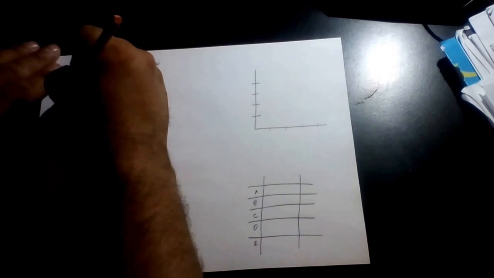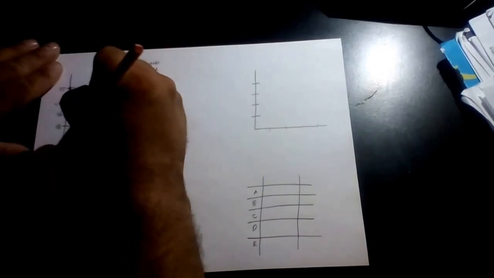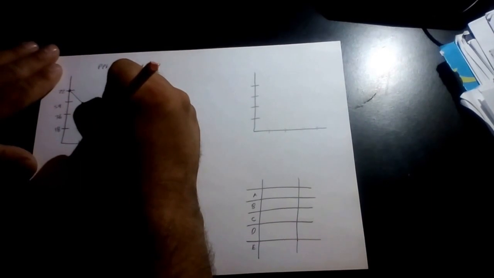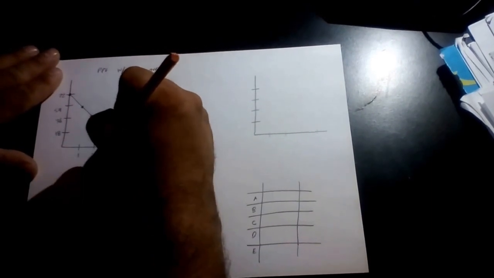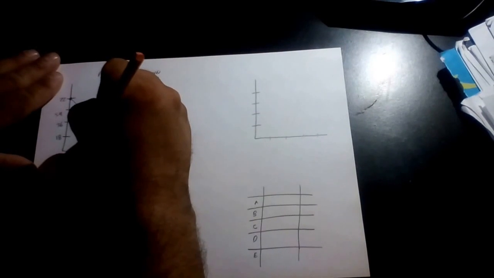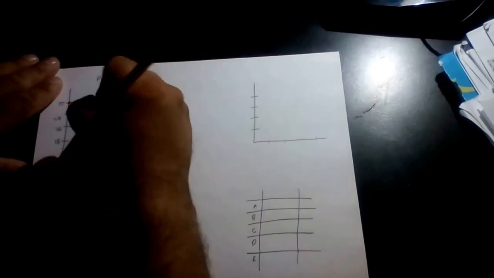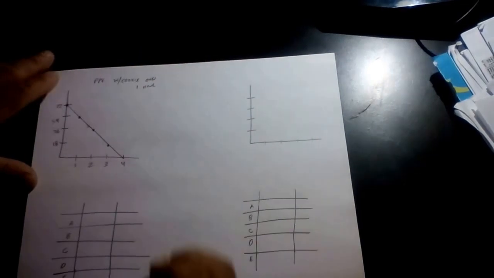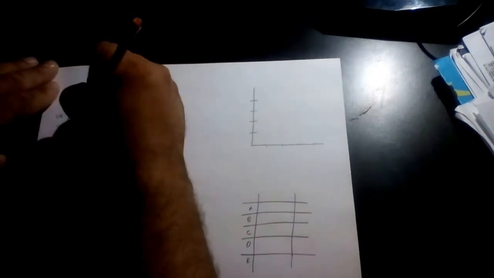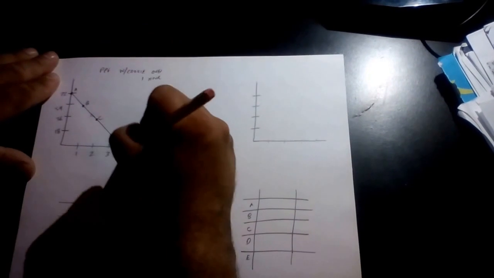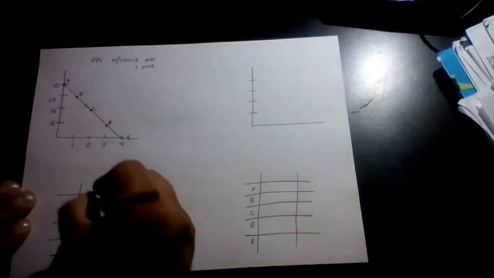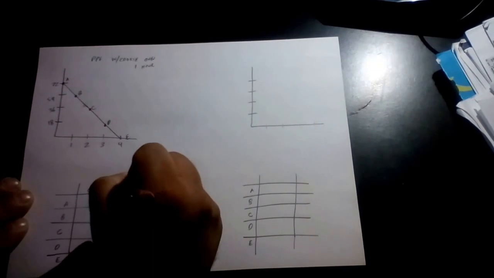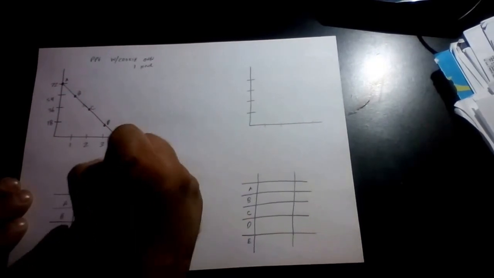Okay, so we're going to label again A, B, C. Looks like I made a mistake there. So that will happen. So we're A, B, C, D, E. And again, we're dealing with cookies and cakes, how much I can produce.